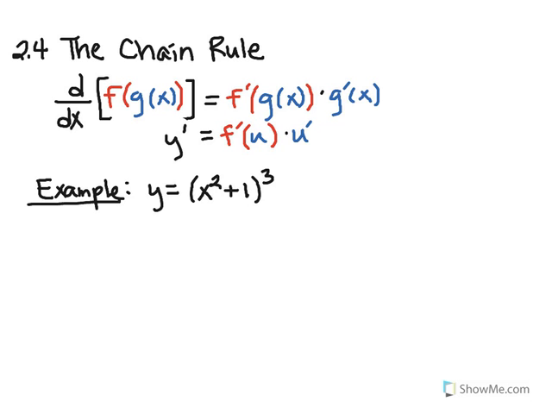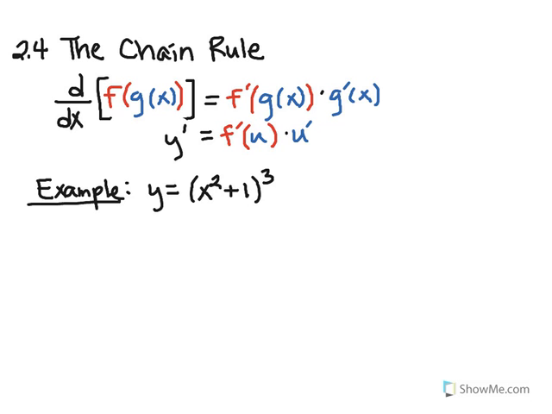If I were to use the power rule here, because that's what we know so far, it doesn't seem like we could do it because it's not just one term being raised to that third power. It's an entire expression. Or what we could say is it's another function.